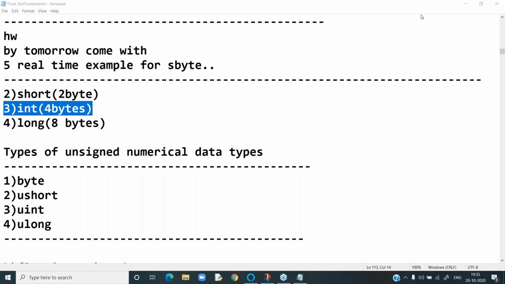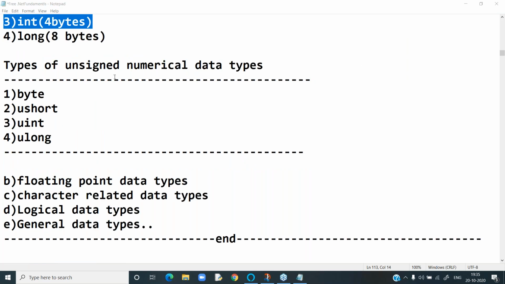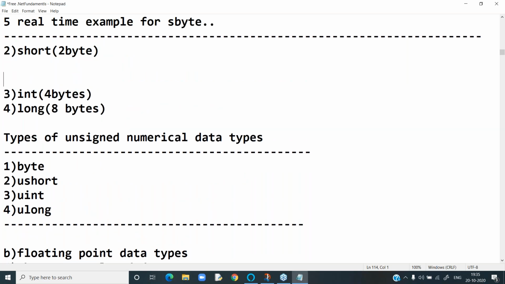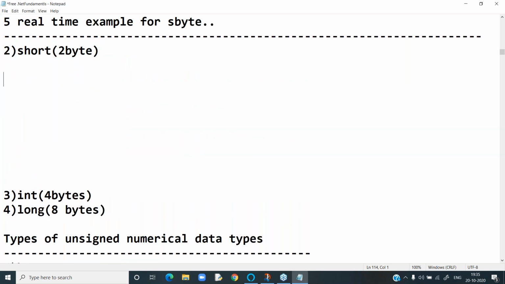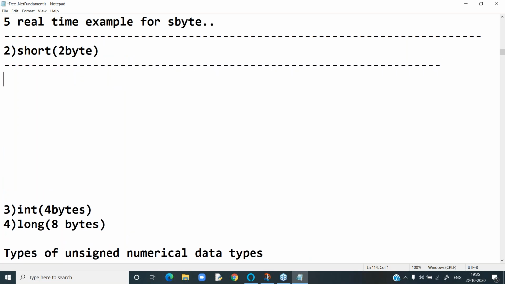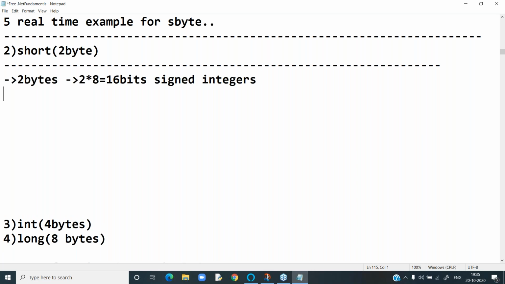Now come back to our discussion. Let's go for short. 2 bytes, 2 into 8, 16 bits, signed integers.